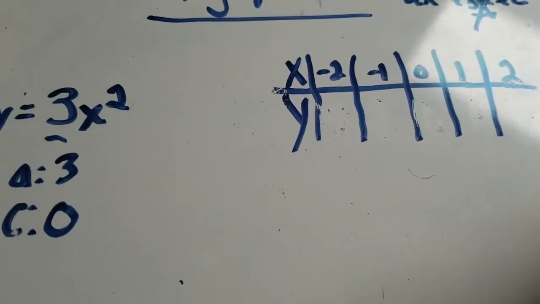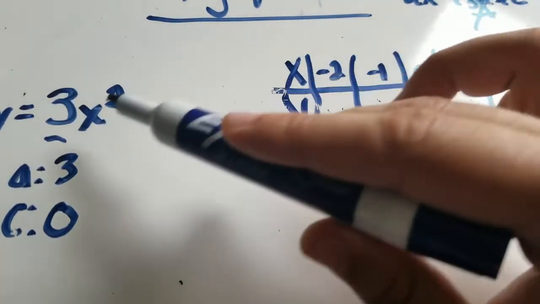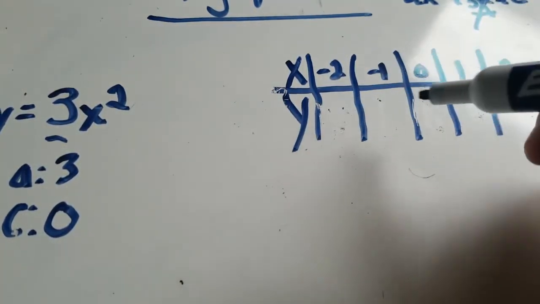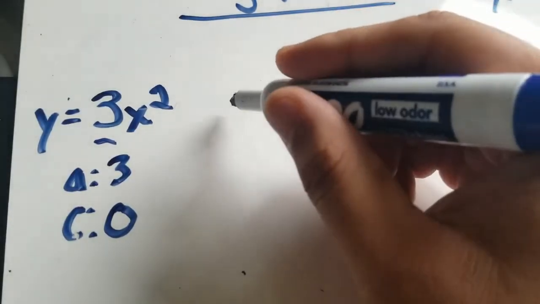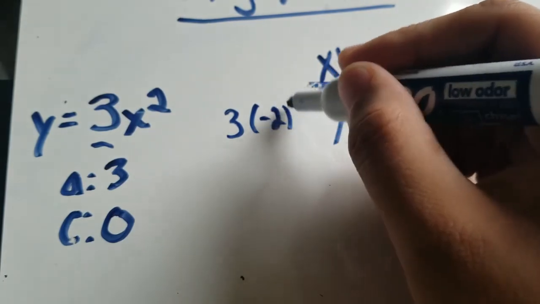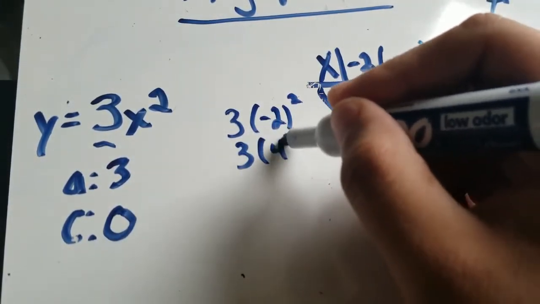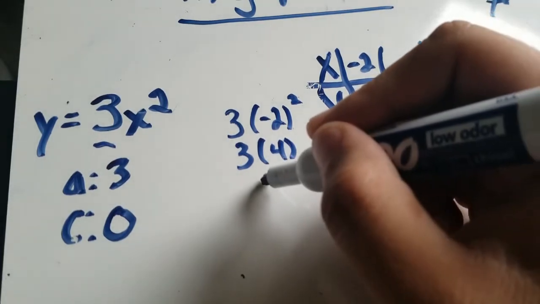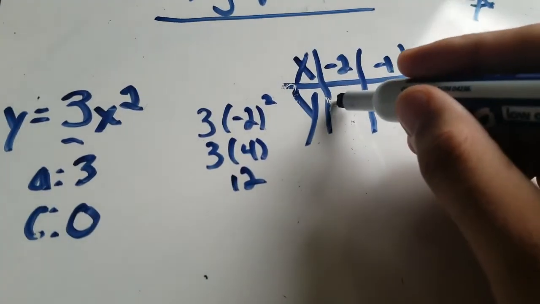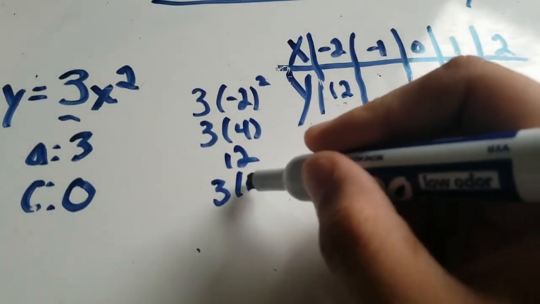Then our next part is to plug our domain, or our x's, into our equation and find each piece. So let's do the first one. 3 times -2 squared. Well, that's 3 times 4. So that is 12. 3 times -1 squared.